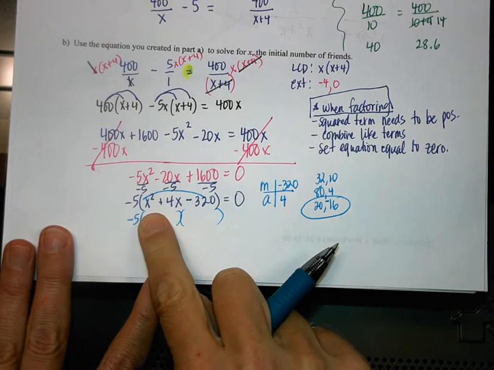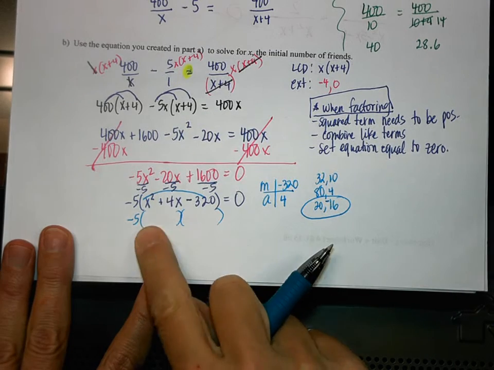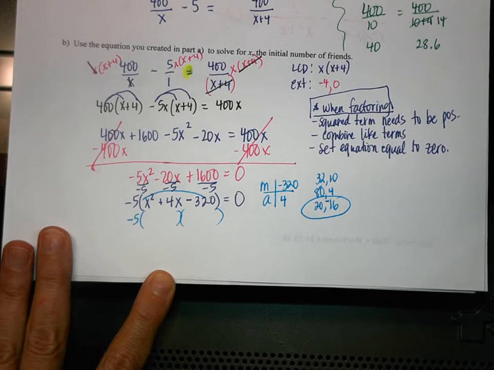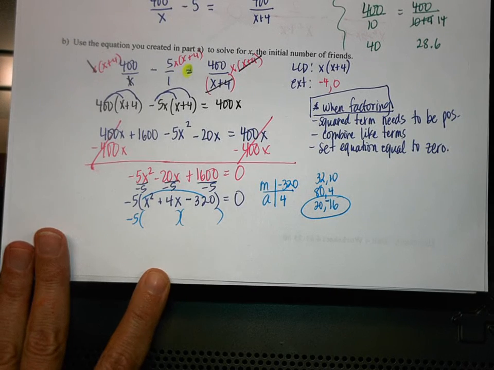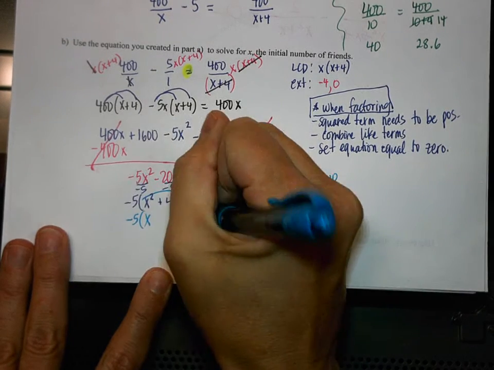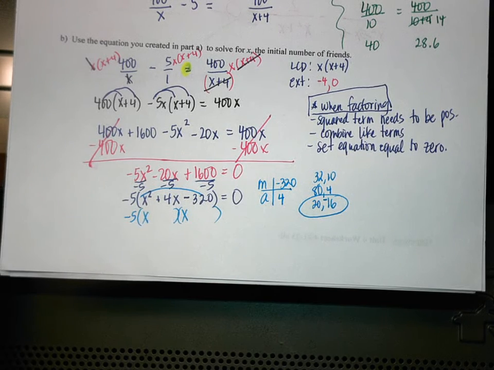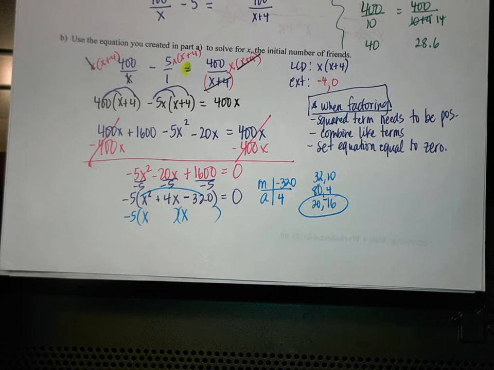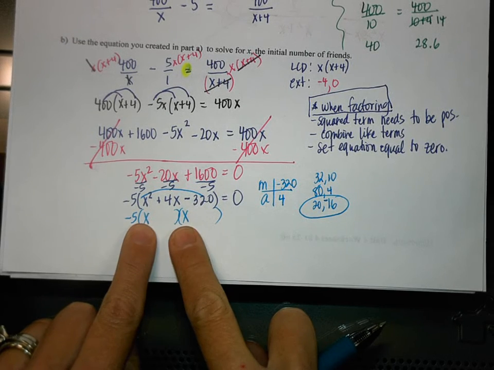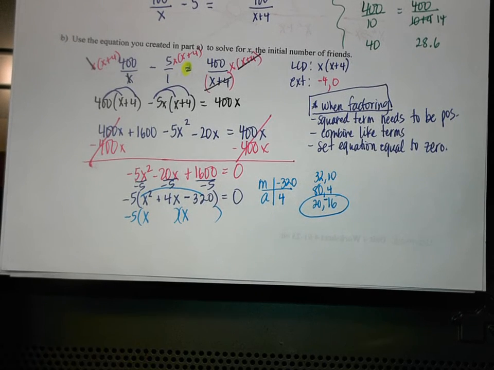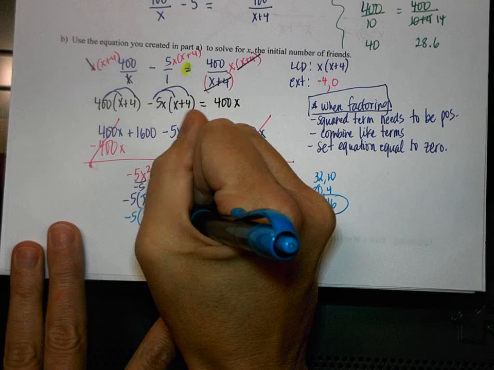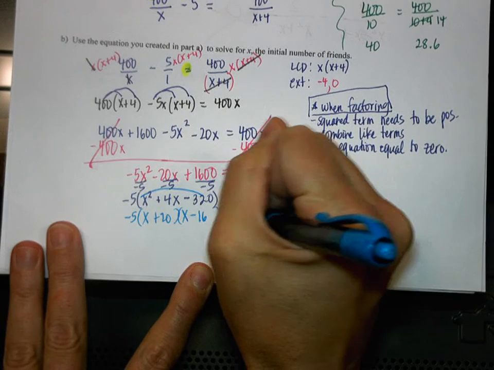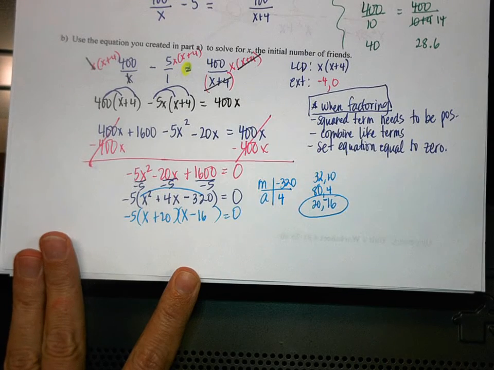Because this is an x squared, we get an x in the front of each of the parentheses. Whatever your term is there in the front, you're splitting it up. So if it was x to the 4th, I'd end up with x squared here. Since it's x squared, they each get an x. Okay, and then I have a plus 20 and a minus 16, and this is set equal to 0. Now what do I do?